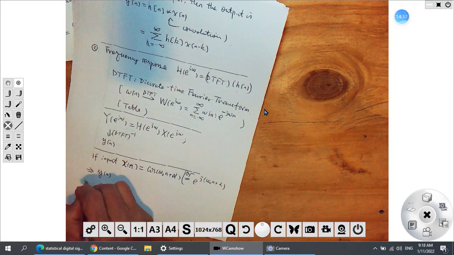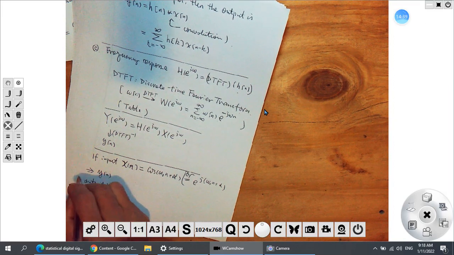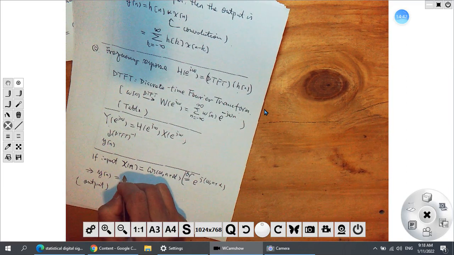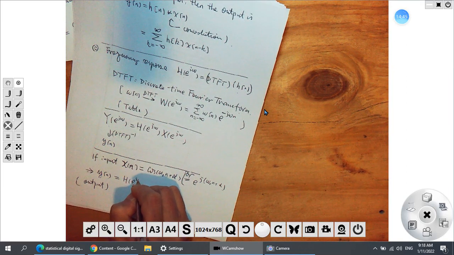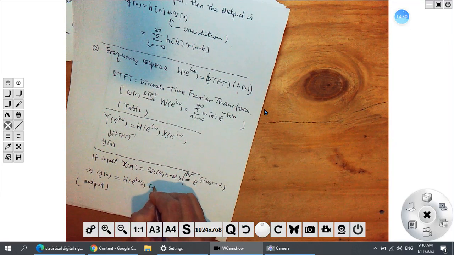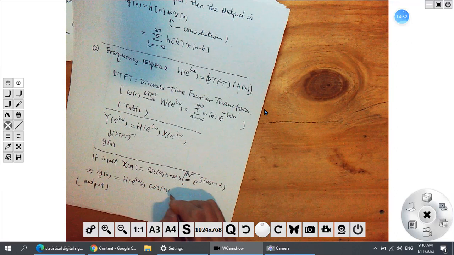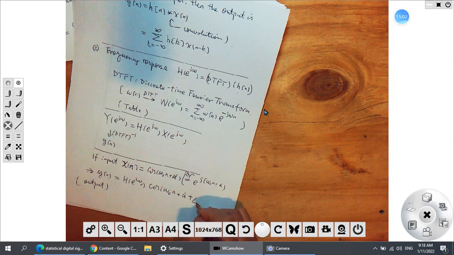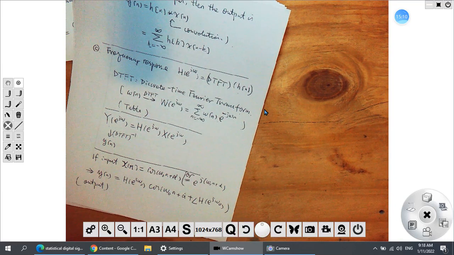If the input is a sinusoid, then the output y of n will equal the magnitude of h of e to the j omega naught times the original cosine of omega naught n plus alpha, plus the phase angle of capital H at omega naught.